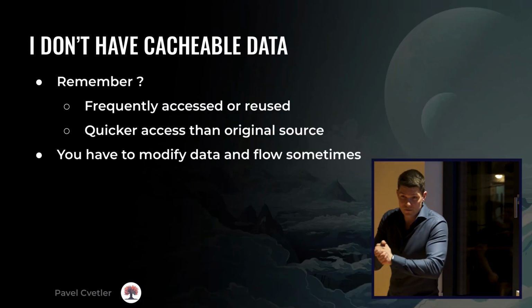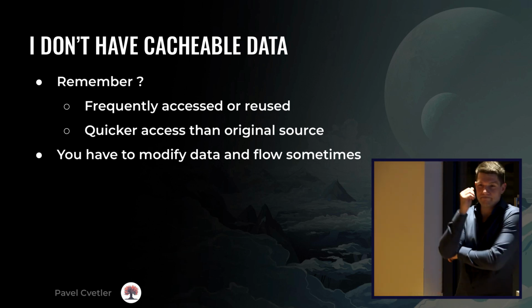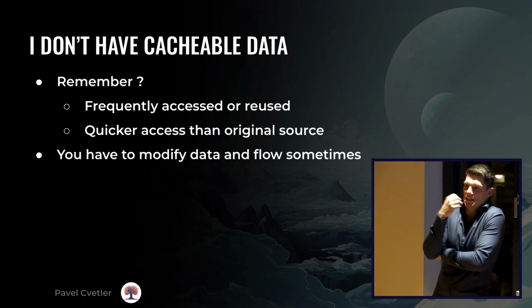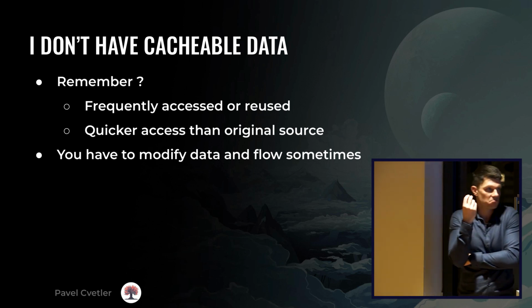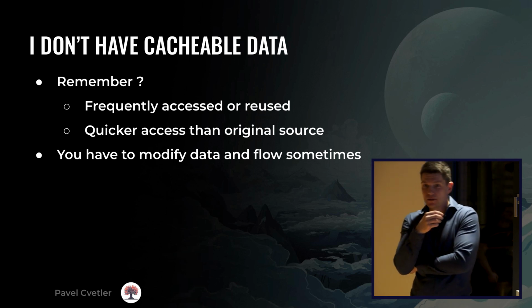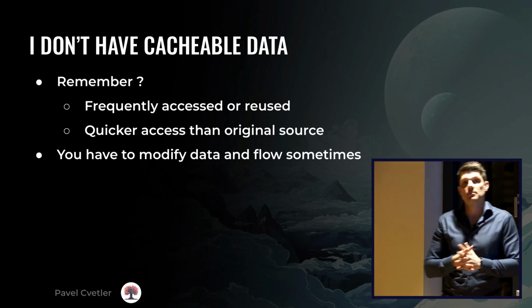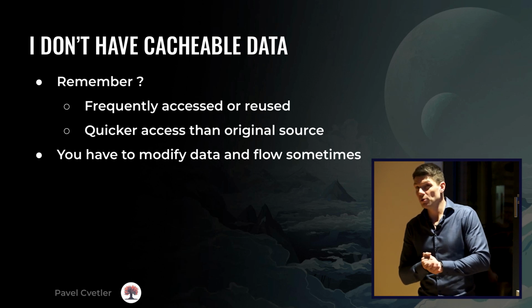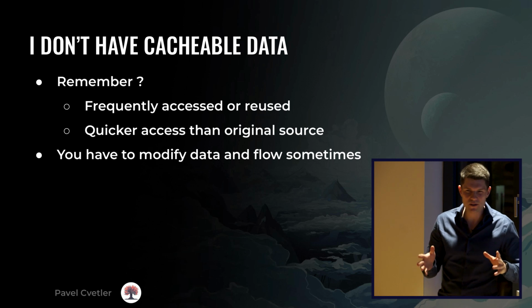I think many of you are sitting here and thinking about this question. But what to do if I don't have a cacheable data? My data can't be cached because my every response is different. We had those services as well, but you need to think about them differently. Yeah, I can imagine the scenarios where you can't cache the data. But in most of the cases, you can, but you have to think about the whole system differently.